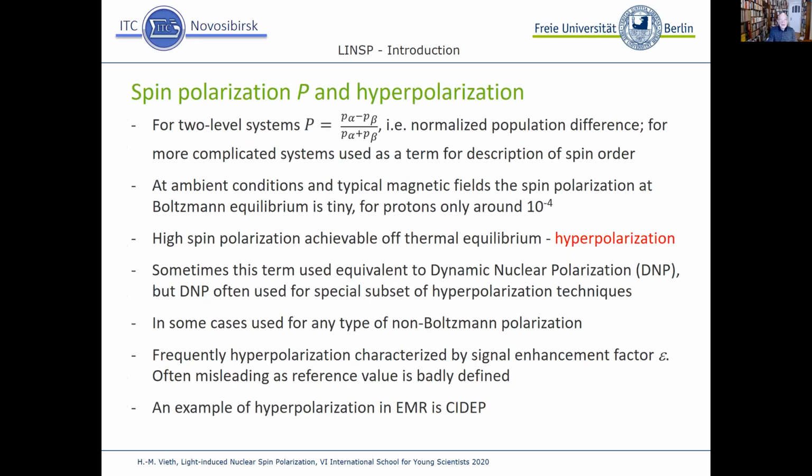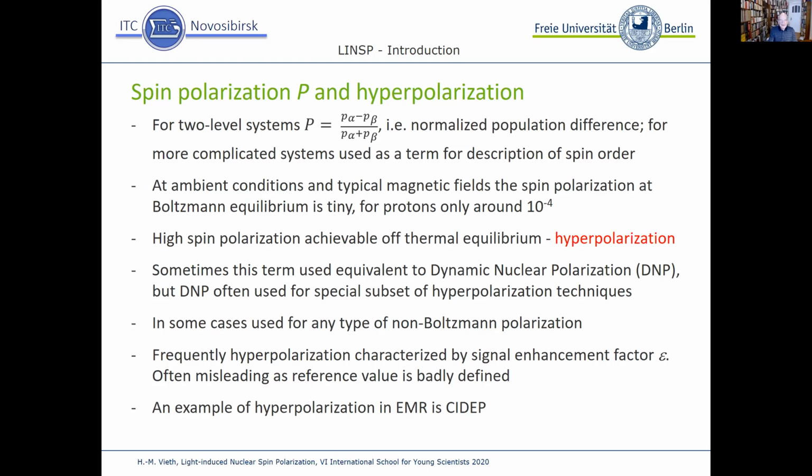So coming back to spin polarization and to hyperpolarization, the polarization is the normalized population difference of the states involved in the NMR. For spin 1/2 with 2-level systems, it is just the normalized population difference.